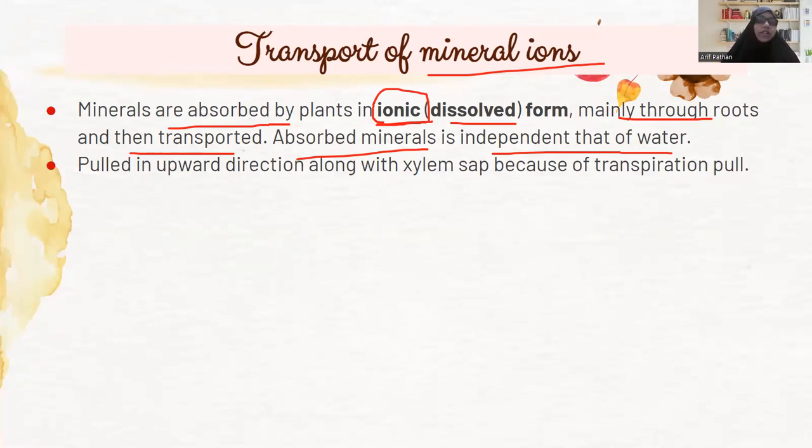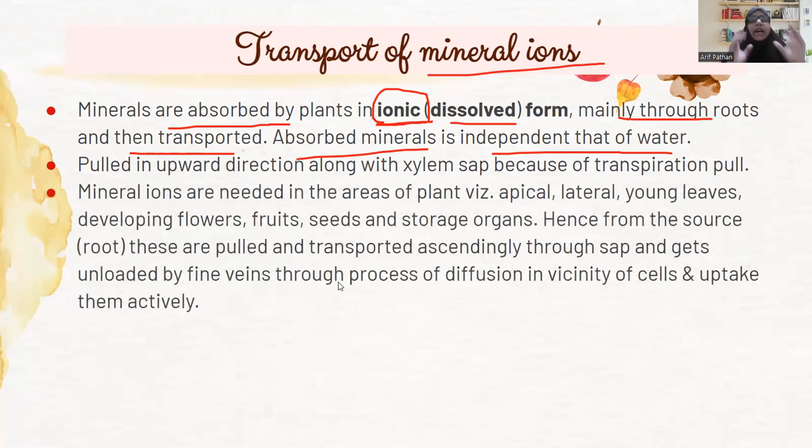So that's not the case. They are pulled in the upward direction along with the xylem sap because of the transpiration pull. So as the xylem sap is moving, absorbed minerals in the form of ions will also move upwards. So together they are going upwards against gravity and then translocated to different parts of the plant.